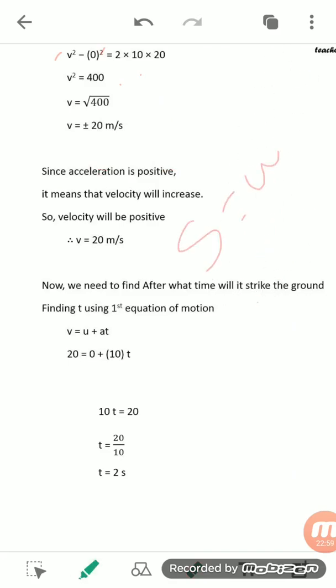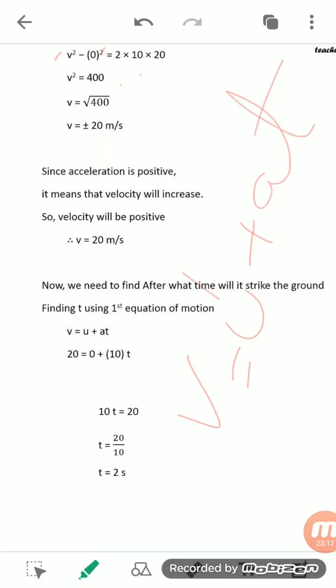Because s is equal to ut plus half at square, and we know all the values except t, and in the first equation also, v is equal to u plus at, we know the values of u, v, and a, so we simply have to find the value of t. So always use that equation of motion which helps to find the answer very easily. So you see, this equation of motion will be much better.